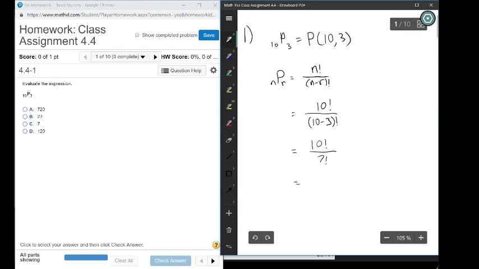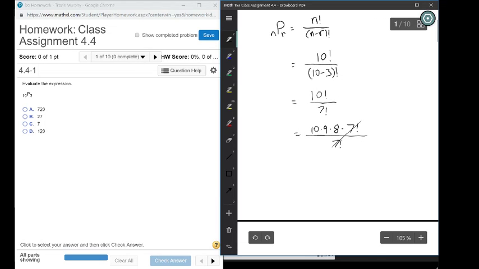And what you want to do is take the larger factorial and expand it out until you get to the smaller factorial. So that's 10 times 9 times 8 times 7 factorial, all over 7 factorial. And those cancel, and you get 720, because 10 times 9 times 8 is 720.